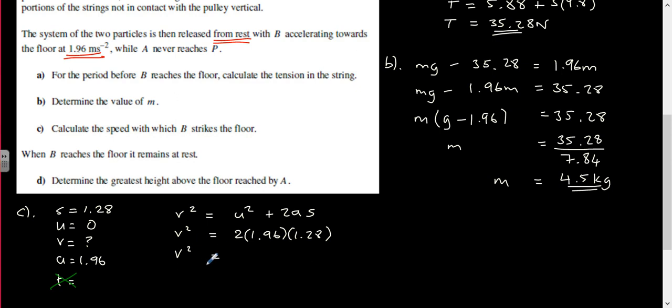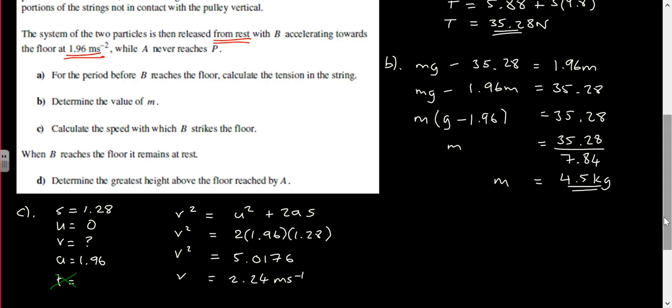So v squared works out as 2 times 1.96 times 1.28, 5.0176, and therefore to find v, we square root the answer, and we get 2.24 meters per second. So we know how quickly B is traveling when it hits the floor.